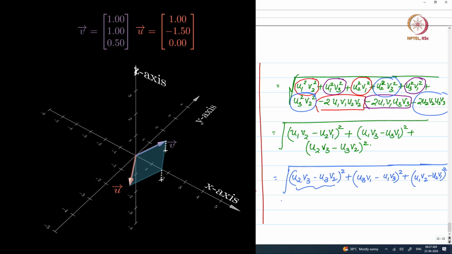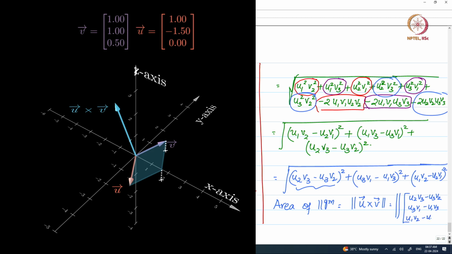So, what we have here is that the area of the parallelogram is basically the length of the vector u cross v, the norm of this vector. What is that vector? u2 v3 minus u3 v2, u3 v1 minus u1 v3, u1 v2 minus u2 v1. That is the area of the parallelogram.